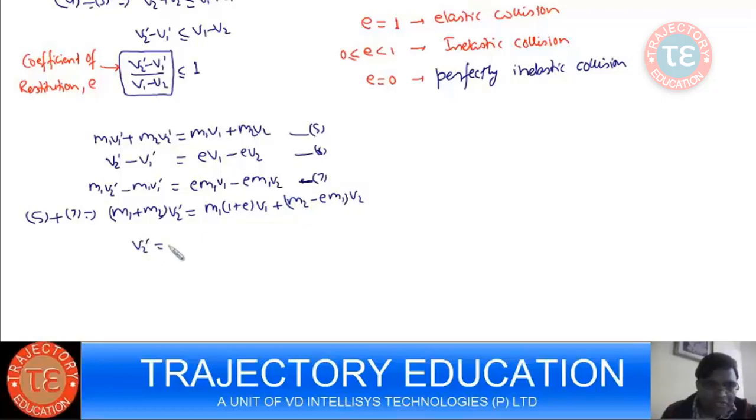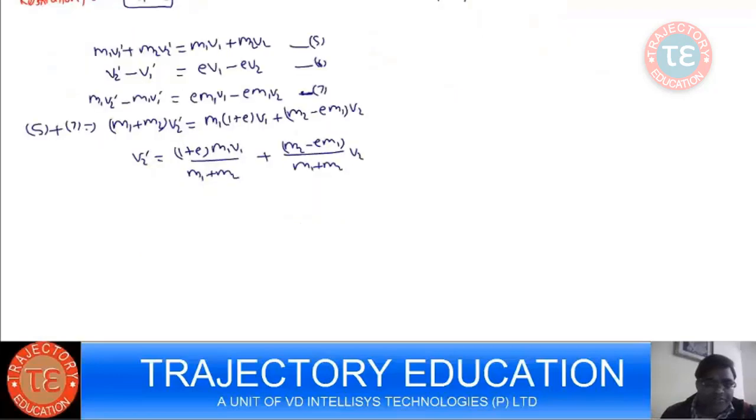So I can write v2' as (1 plus e) m1 v1 over (m1 plus m2) plus (m2 minus e m1) v2 over (m1 plus m2). Okay, so that's the velocity of the second body after collision.